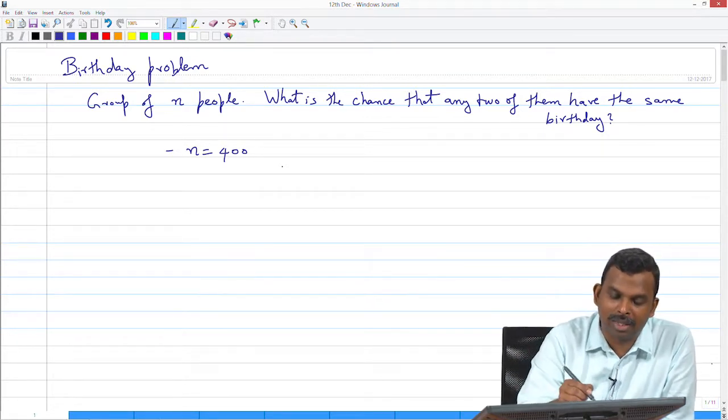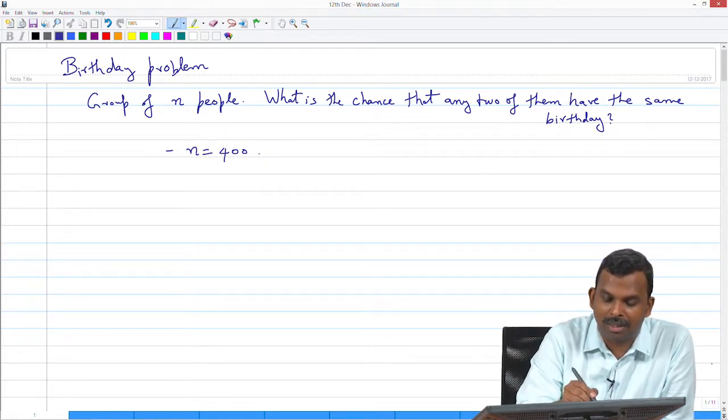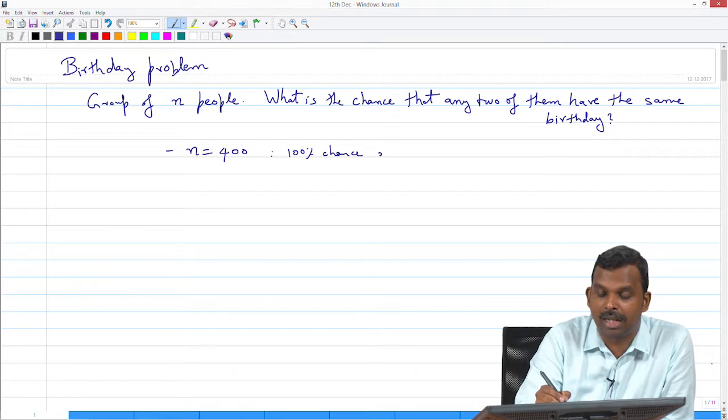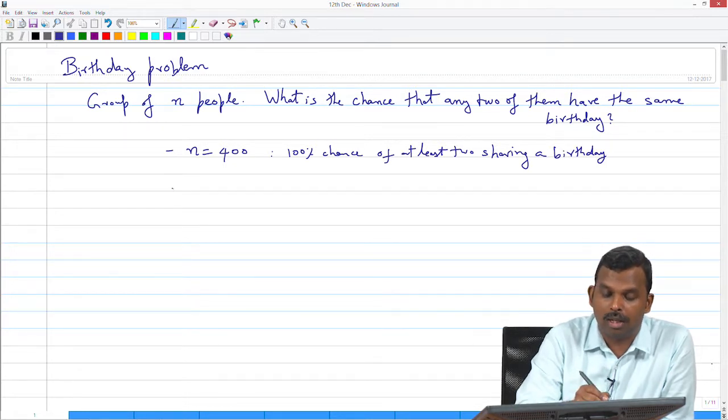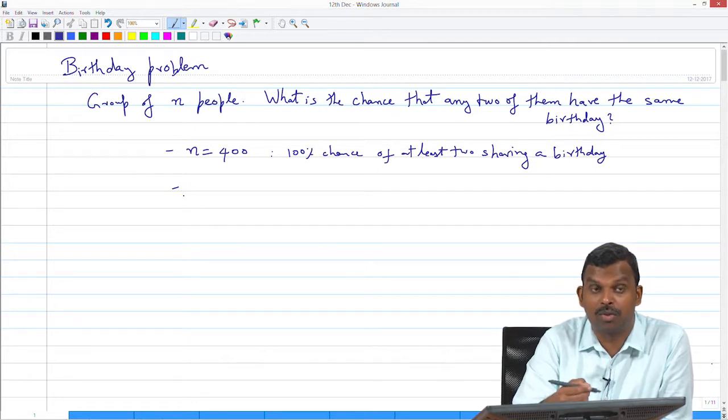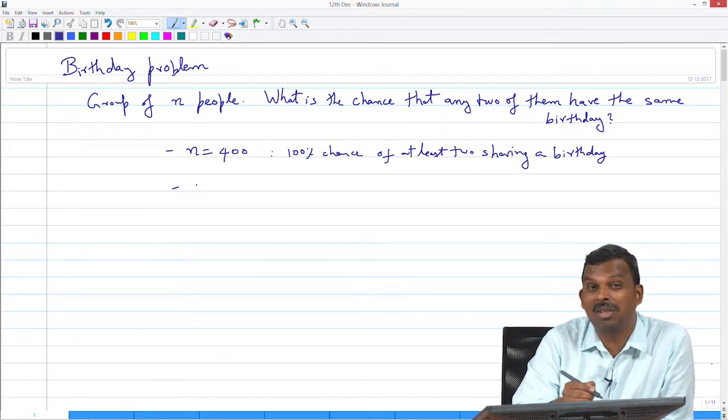But it turns out, surprisingly, let me complete this. If n is 400, then there is a 100% chance of at least two people sharing a birthday, because there are just too many people. Now, I will show you a probabilistic model, a uniform probabilistic model, where you will get surprising results.